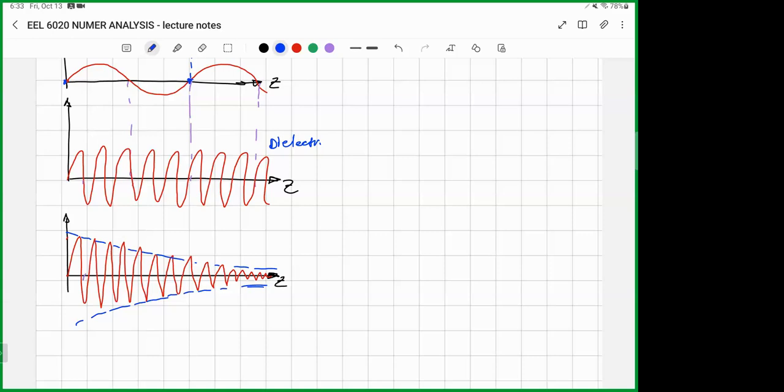This is e to the power of minus alpha z, this is the decay. And this is lambda 0 over n, the new wavelength.